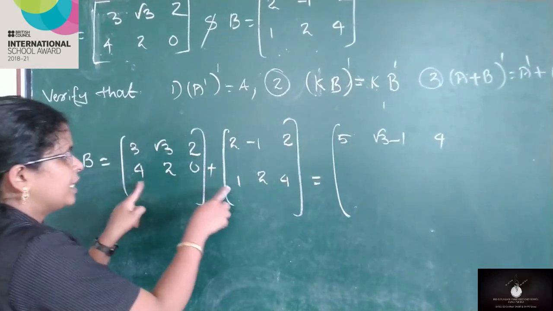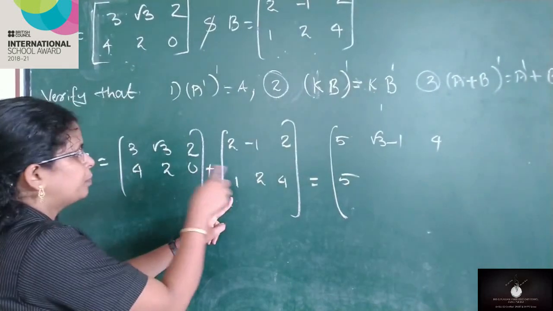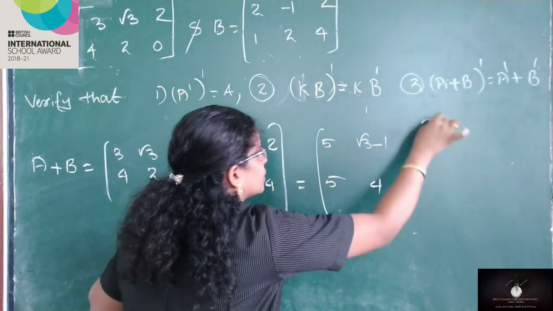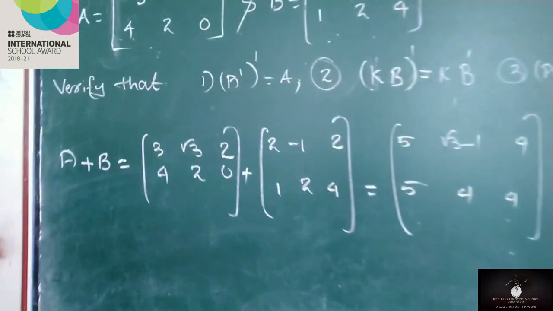Here 4 plus 1 is 5, 2 plus 2 is 4, and 0 plus 4 is 4. That is A plus B.